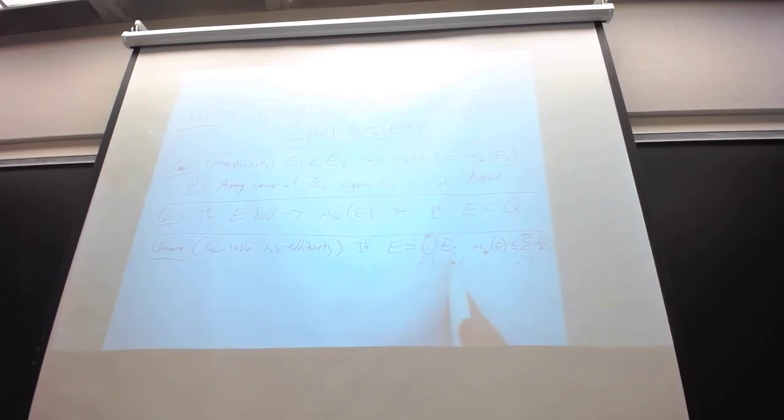We have a countable cover. The Ej cover E, not open, not closed, just arbitrary sets. Then the exterior measure of E is bounded by the sum of the exterior measures. Let's prove this. Okay, if the measure of E is infinite, then there is nothing to prove.